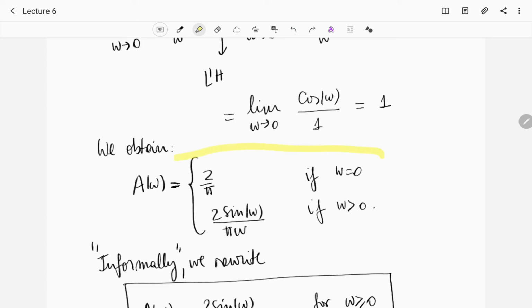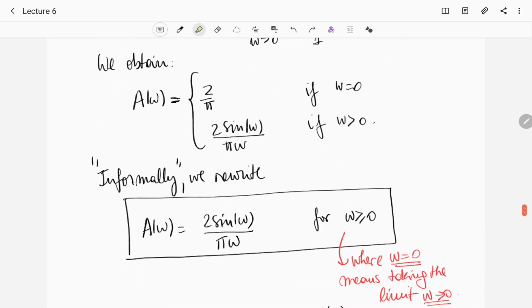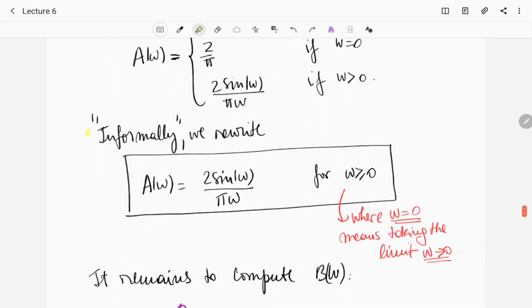So this is how it's formally and rigorously correct to write, but we can write here in this course informally.